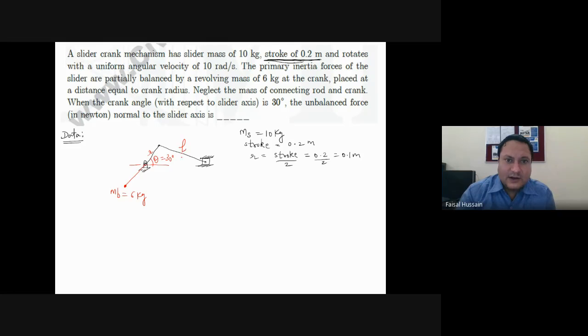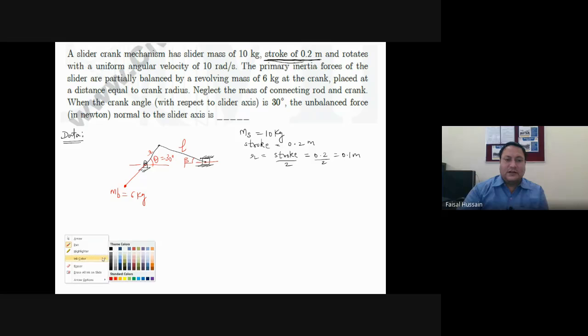This is the length of connecting rod, and this is beta, angle of connecting rod from horizontal axis, theta, angle of crank from horizontal axis. Now what we have to do, we have to determine the unbalanced force normal to the slider axis. Normal means perpendicular to the slider axis.